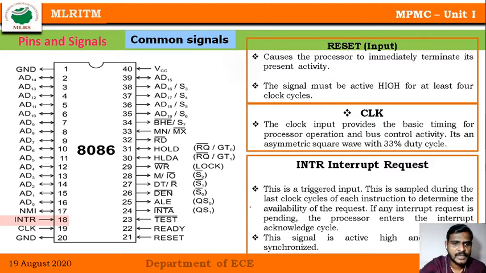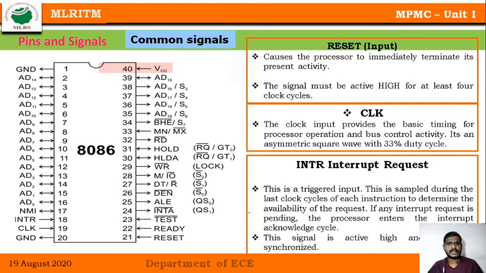Similarly, the next one is called NMI, a non-maskable interrupt, which means that if any interrupt is raised through this particular pin, it is given the highest priority.